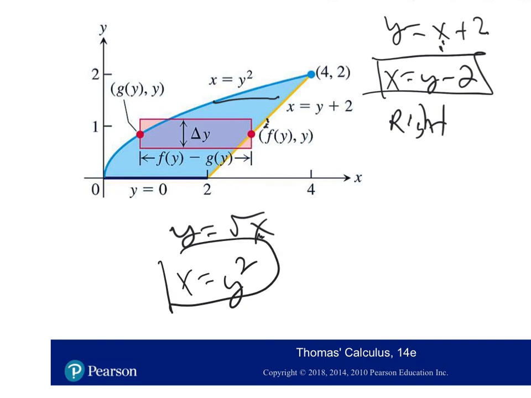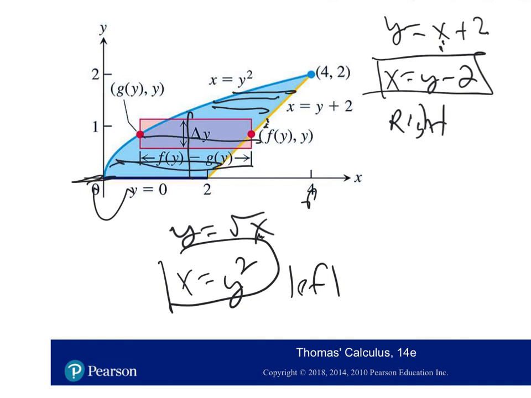There's my left function. This time, I don't go from 0 to 4. I'm going to go up because your rectangles are going up. They start down here and your rectangles are going up. So you need to find out what the upper y was, which we did earlier. We know it was a 2. So I'm only going from 0 to 2.